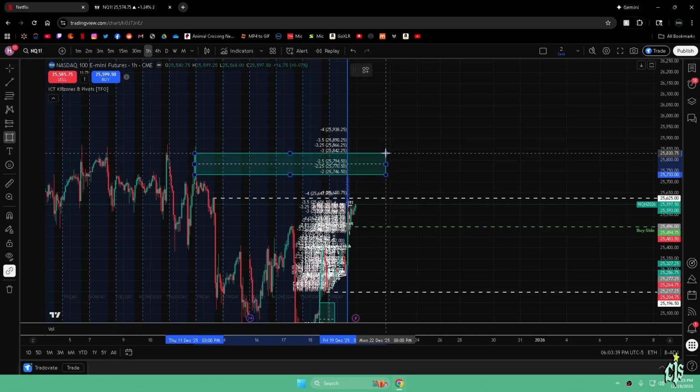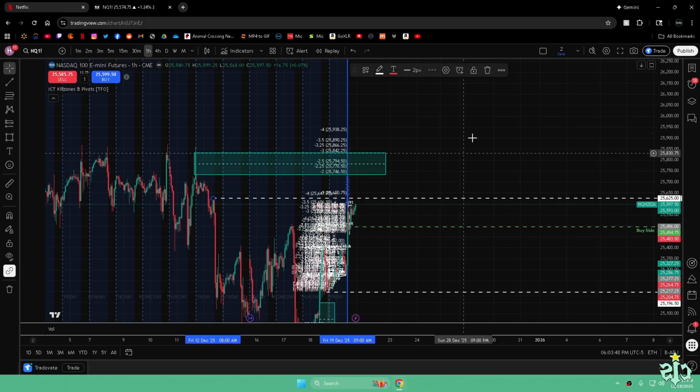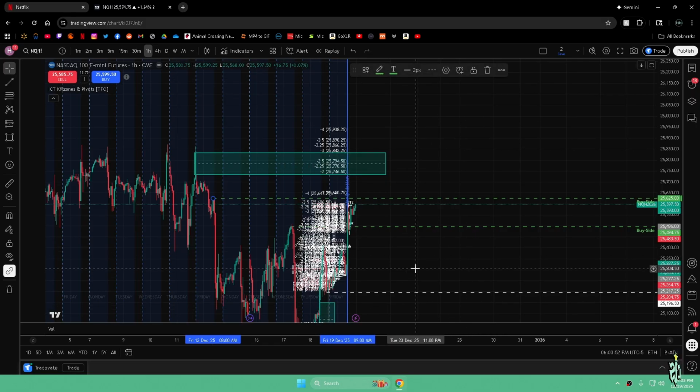I've been waiting for market to push towards this gap that we created on Thursday/Friday, and that's what it did. It also pushed towards these equal highs, but it never took it, right?